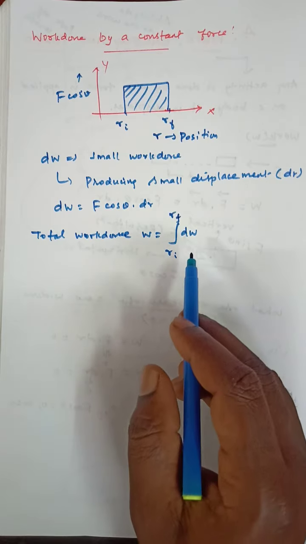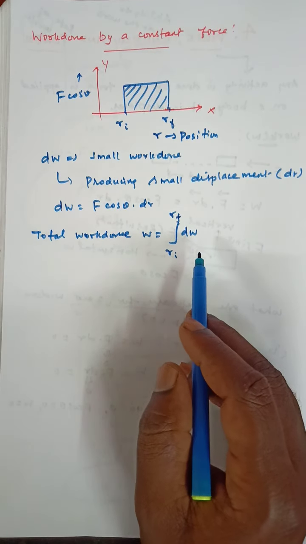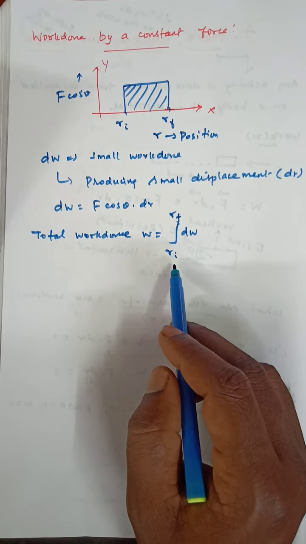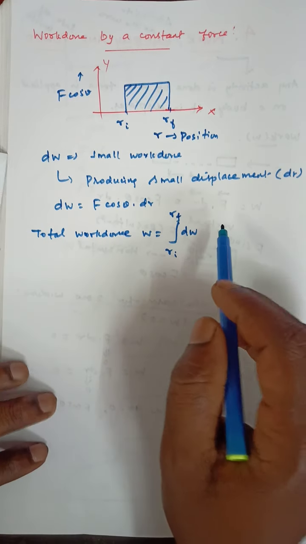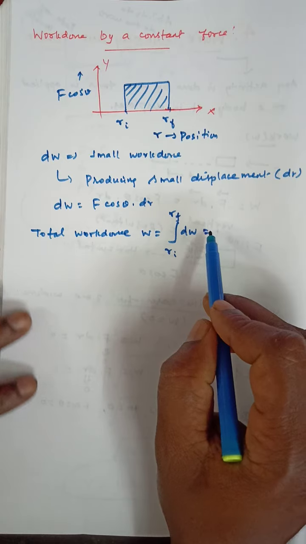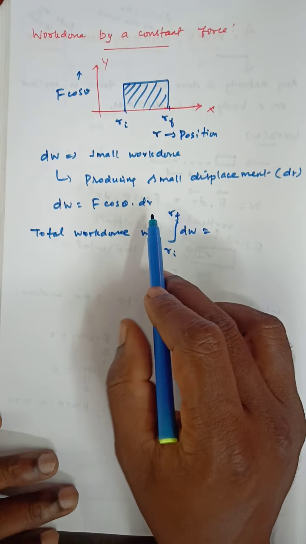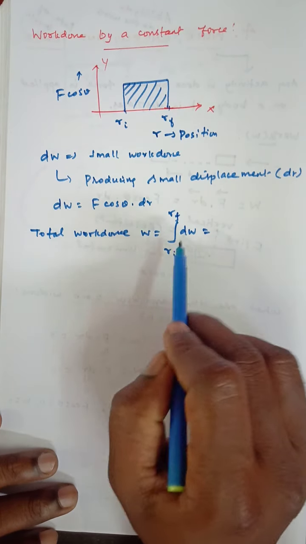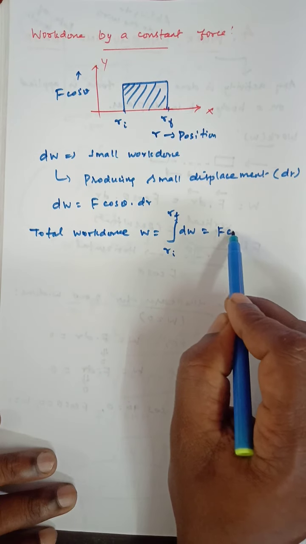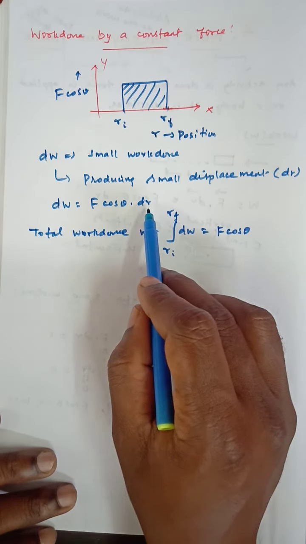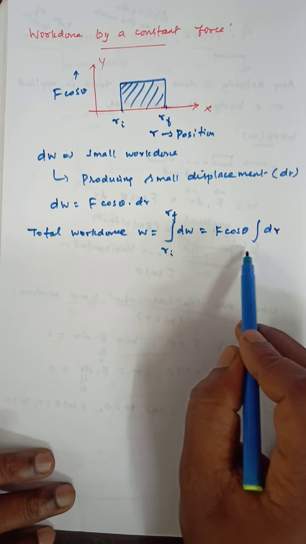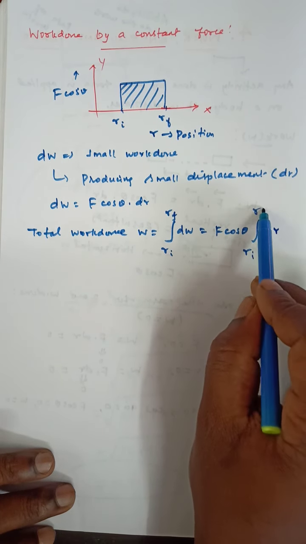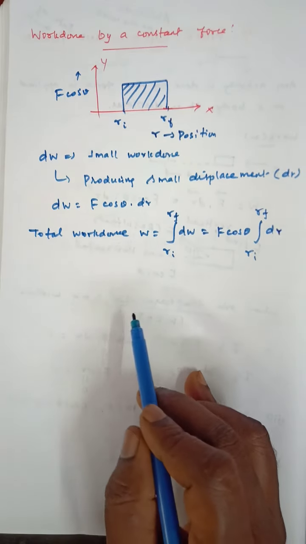So W is equal to the integral of dW with the limits Ri to Rf. On the right side we have F cos theta into dr. Here F cos theta is constant, so it is taken out of the integral; only dr is variable, so we write the integral of dr with the same limits Ri and Rf.